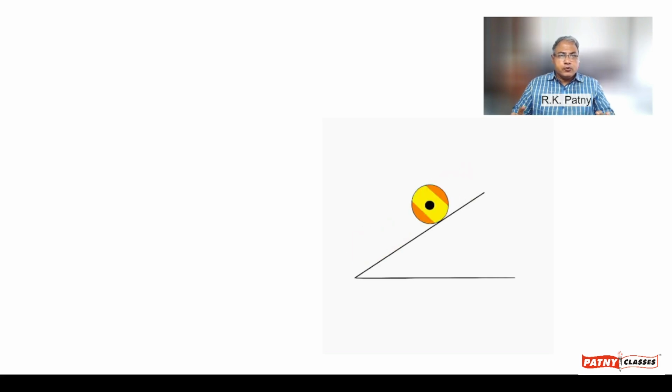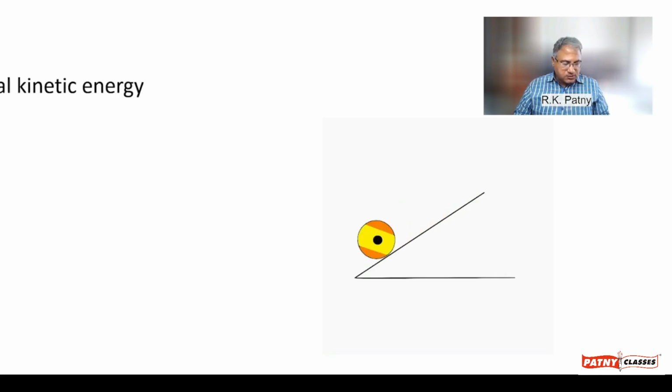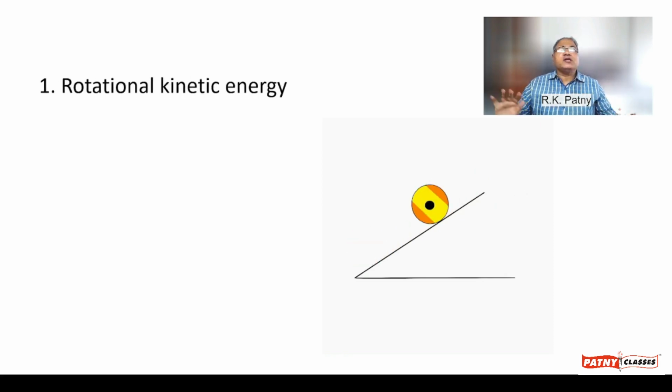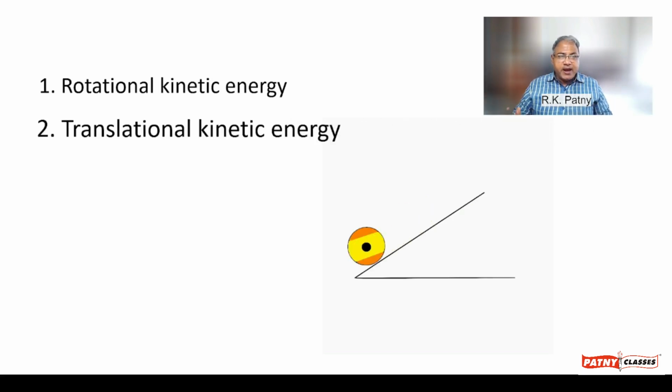So a body rolling down has rotational motion as well as translational motion because of the center of mass. The center of mass performs translational motion. So when a body is rolling down, we need to talk about two types of energies. One is rotational kinetic energy and the second one is translational kinetic energy.